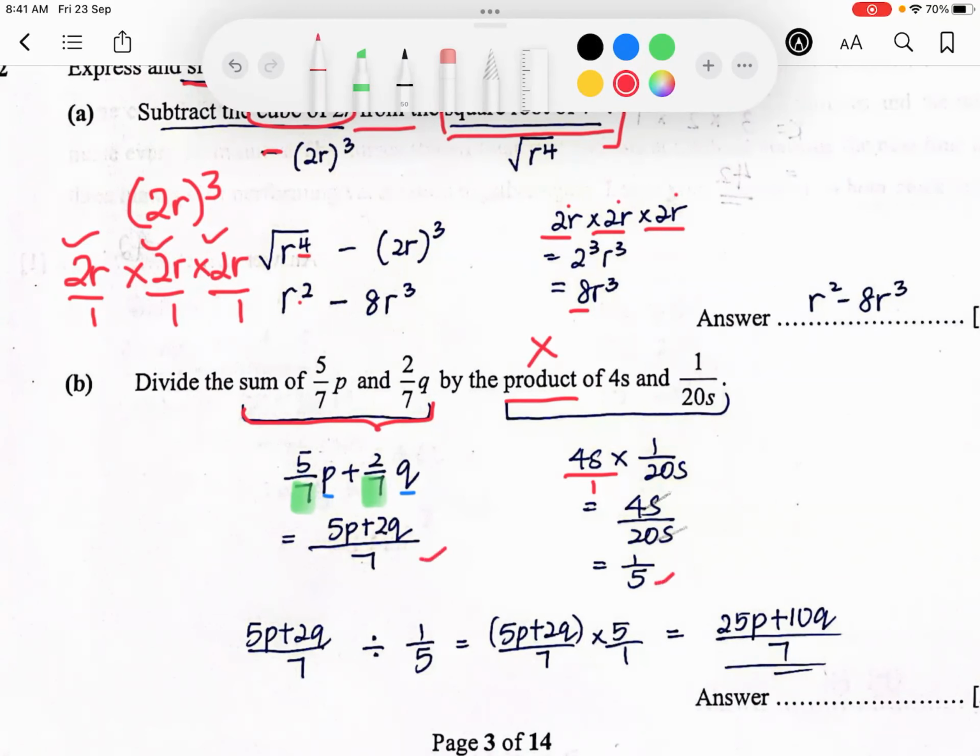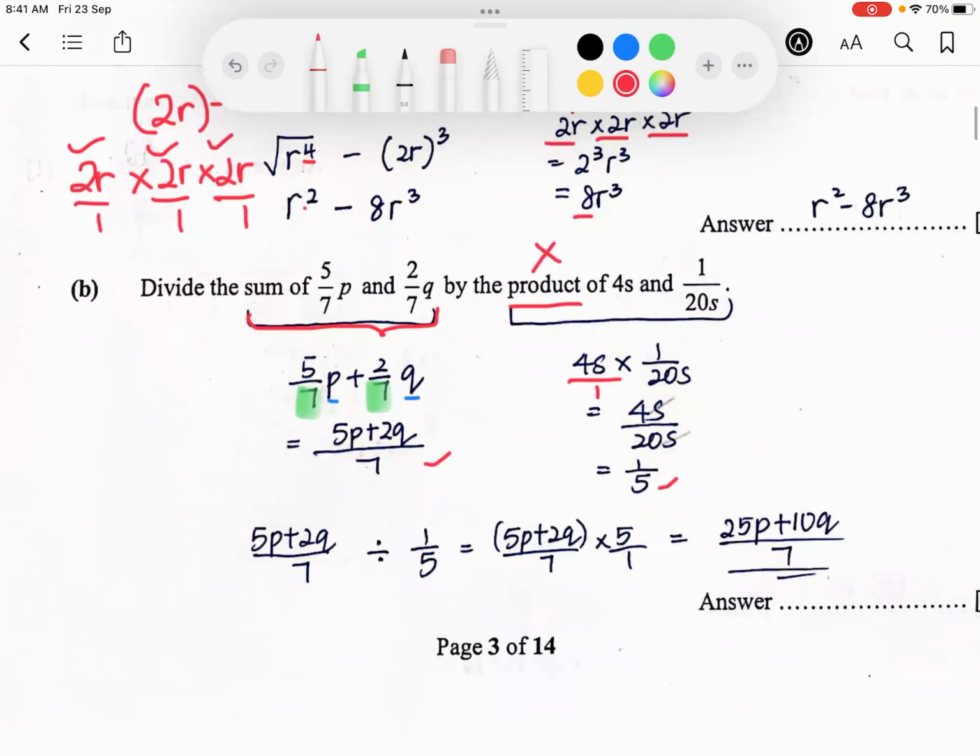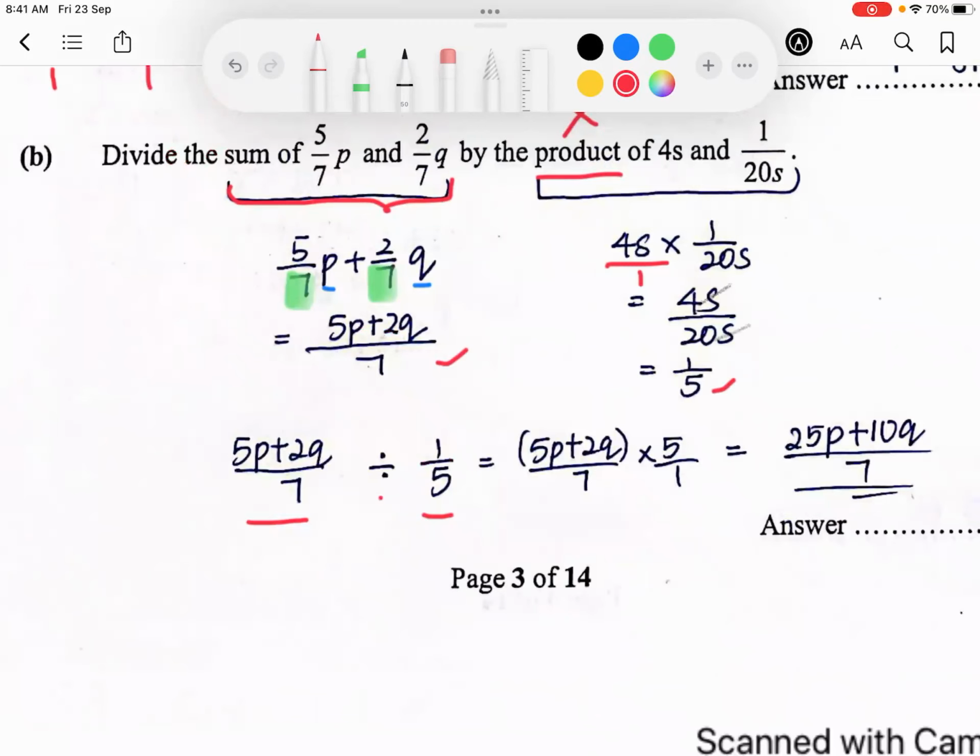Okay, so we got these two. They say divide the sum, so I take this, divide by this one. When I do division, what happens to our division sign? We change it to a times, correct. Then the fraction here needs to flip, so this one becomes 5 over 1.